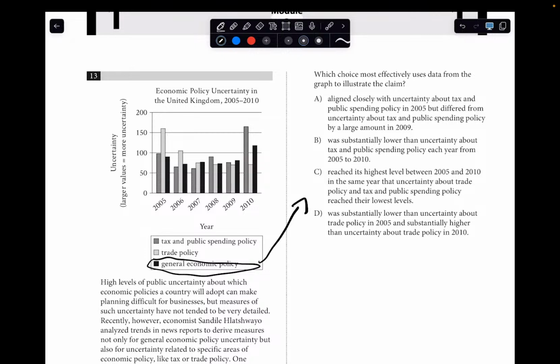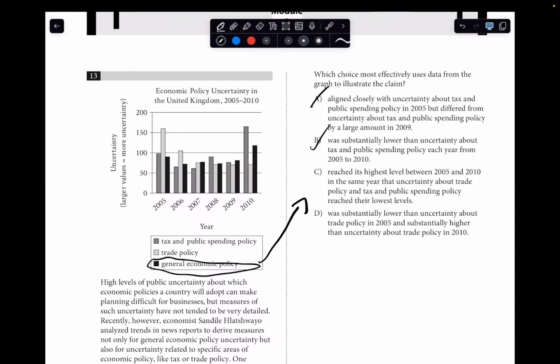So A, align closely with uncertainty about tax and public spending in 2005, is that true? But differed from uncertainty about tax and public policy by a large amount in 2009. No, that's not true. B, general economic policy was substantially lower than uncertainty about tax and public spending policy from each year. Was it substantially lower? No, that's not true.